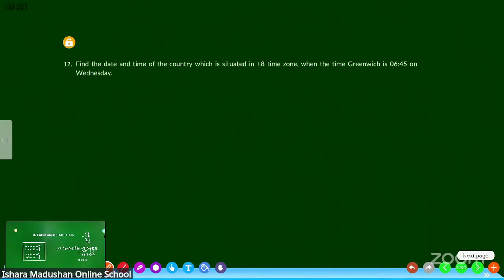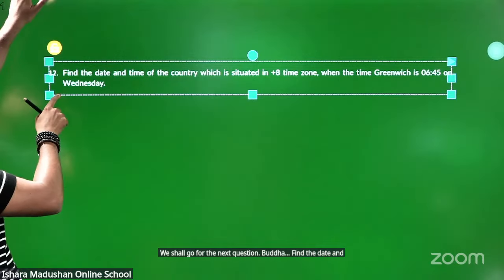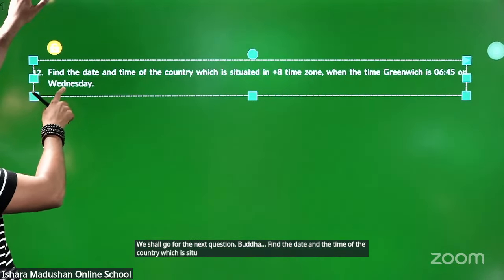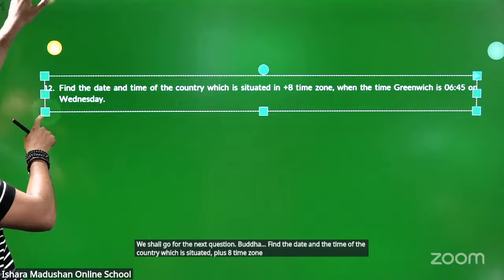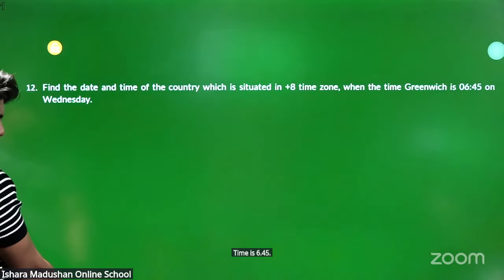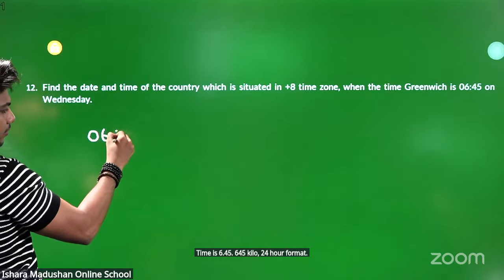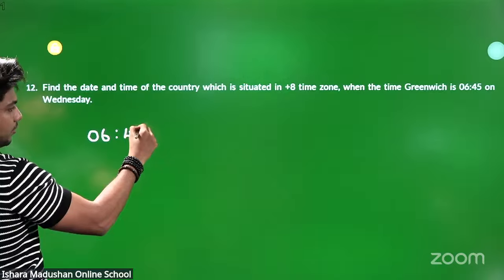We shall go for the next question. Son, find the date and the time of the country which is situated at plus 8 time zone when the Greenwich time is 6:45. 6:45 is given in the 24 hour format. This is the Greenwich time.